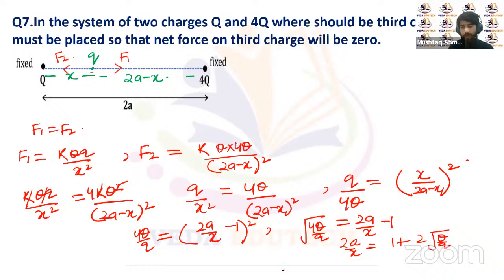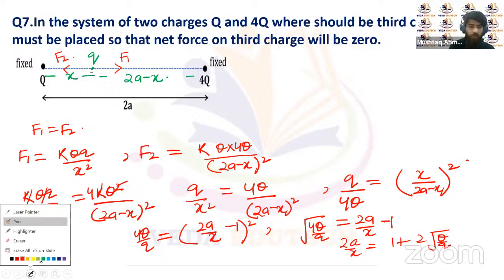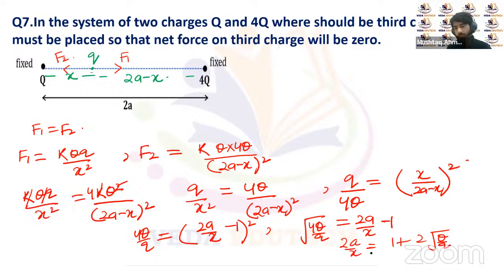So from here, the value of x will come out to be equal to 2a upon 1 plus 2 times root Q upon q. So this will be the value of x here.